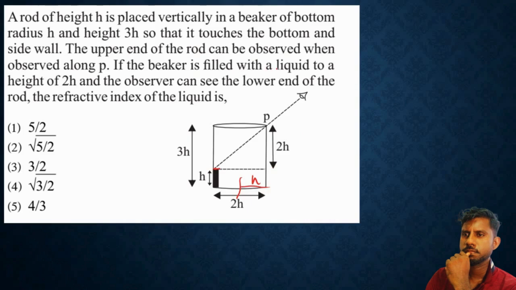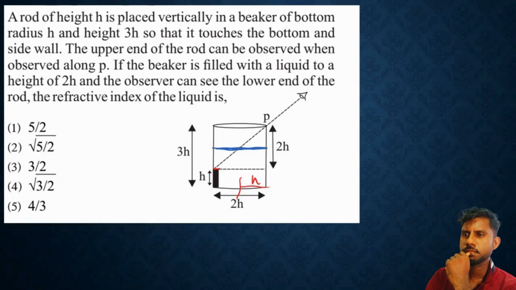If the beaker is filled with a liquid to a height 2h, so let's put some liquid up to this height. Up to 2h we have the liquid, and then the observer can see the lower end of the rod. Find the refractive index of the liquid.